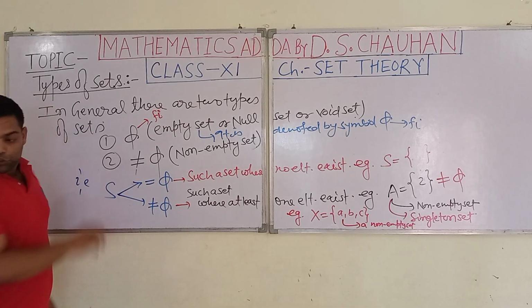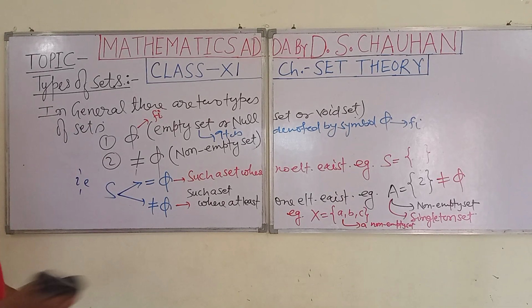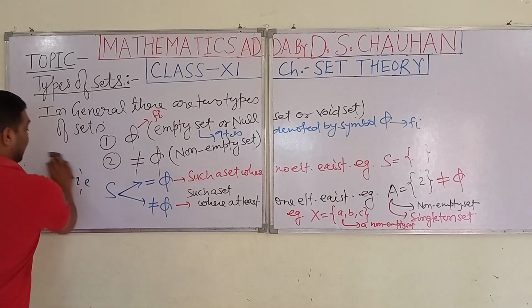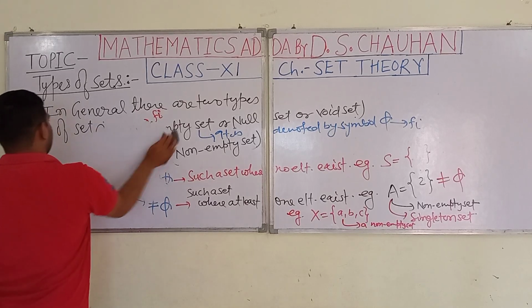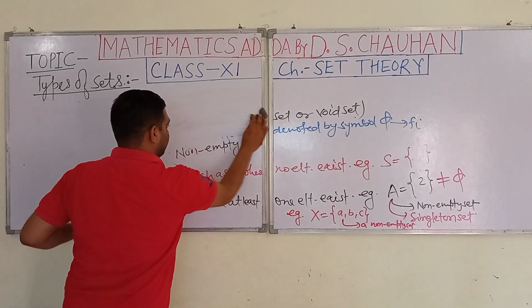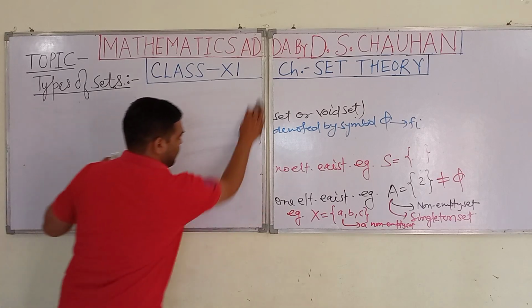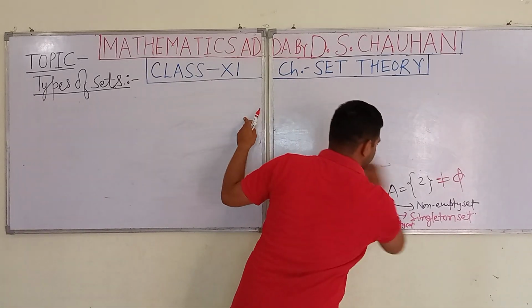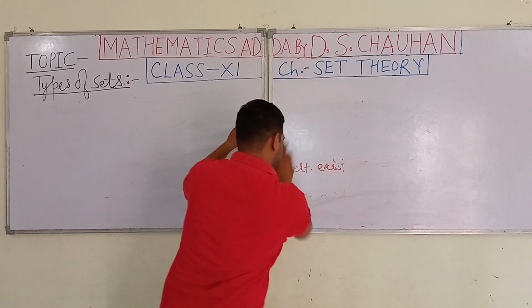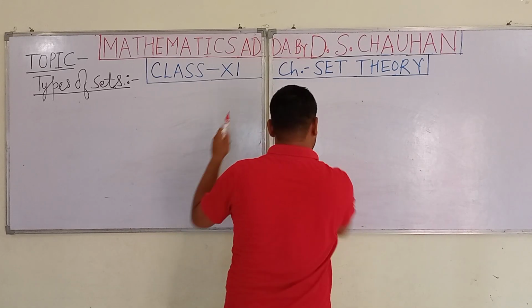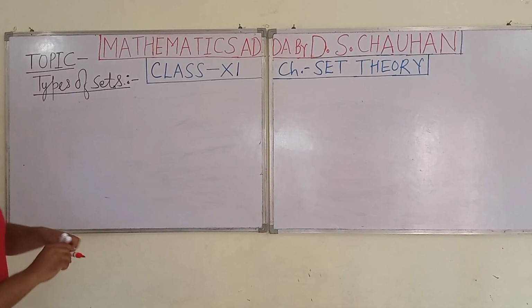Luckily here there are three elements, so this is the reason this is a non-empty set. Well students, I hope this point is clear. Now I am going to generalize the concepts more. Try to understand.